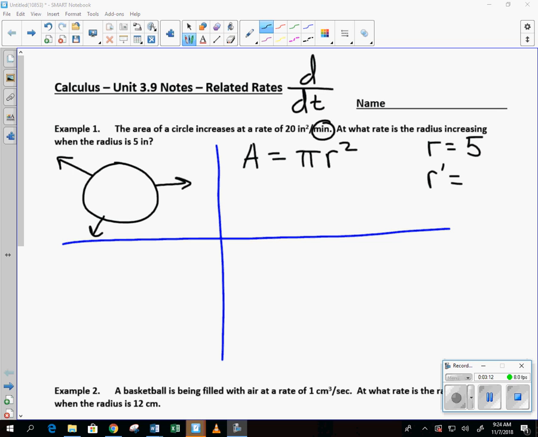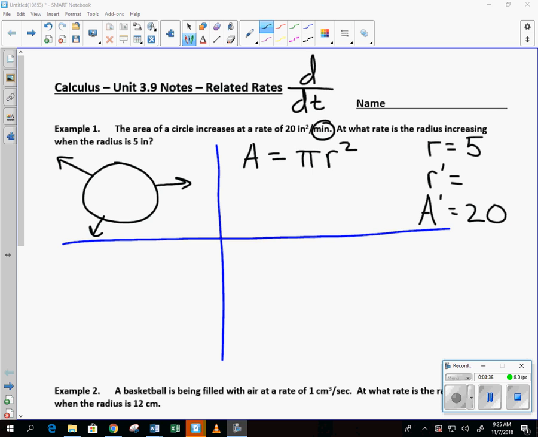We're actually trying to figure that out, aren't we? It says at what rate is the radius increasing? That's what we're trying to find, r prime. So it's important for me to identify what we know and what we're trying to find out. Now I've got this thing, the area increases at a rate of 20. So I'm going to say that a prime is equal to 20. I know that.